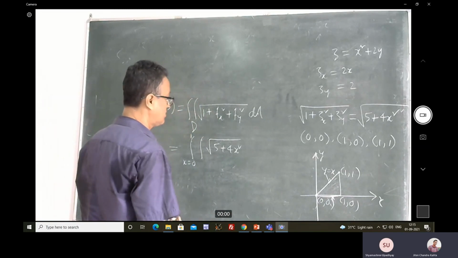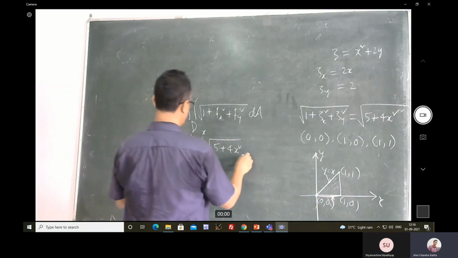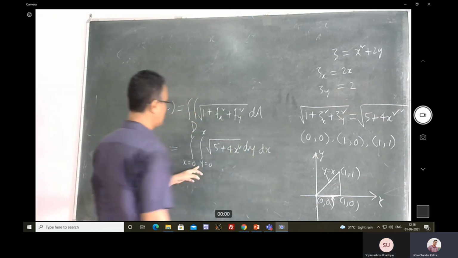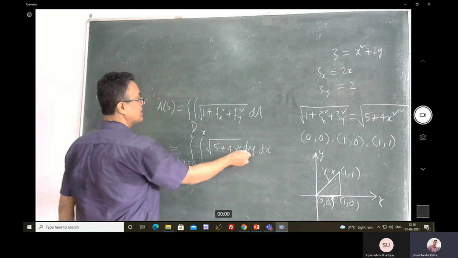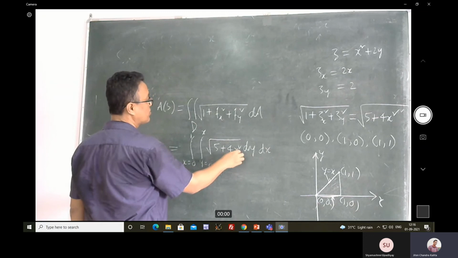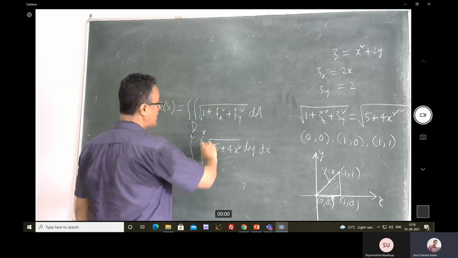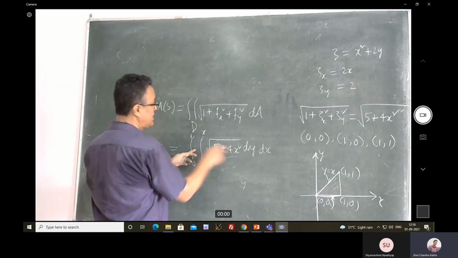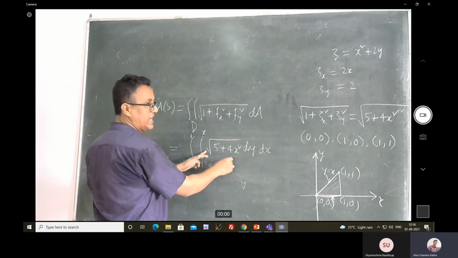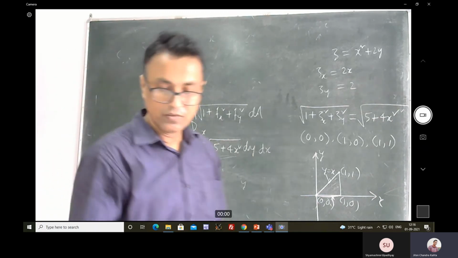So y goes from 0 to x, and it is going to be dy dx. Once you integrate with respect to y partially, y is going to come, from 0 to x. So there is going to be a factor of x, and it is beautifully formed because the derivative of this is going to be simply 8x. So eventually you can easily do this, right?